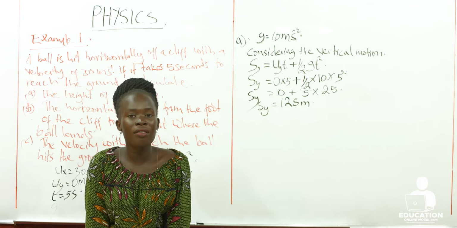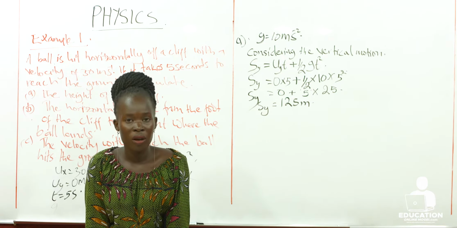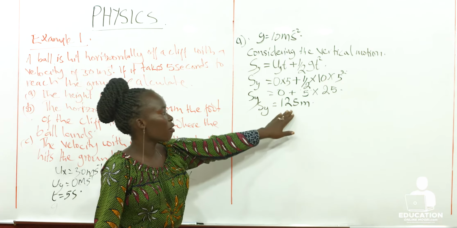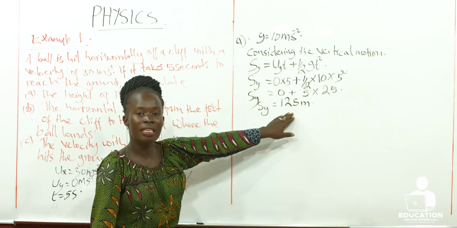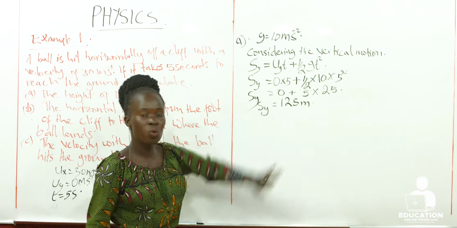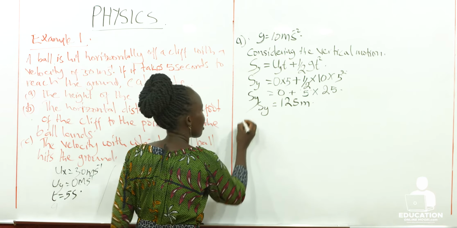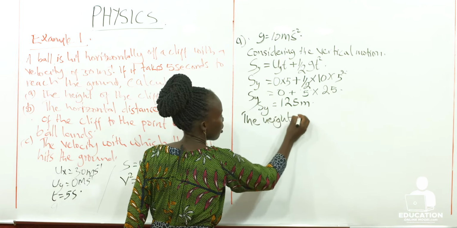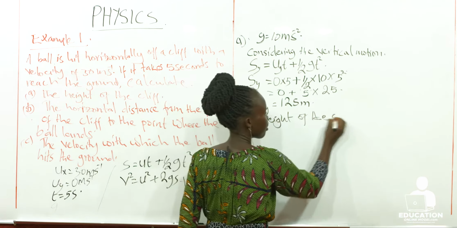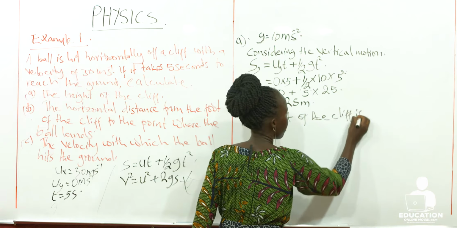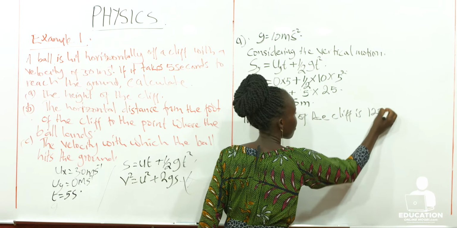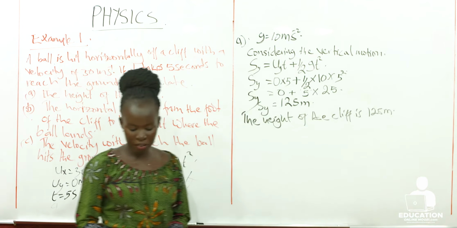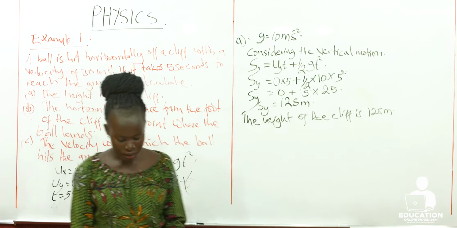So the ball was thrown from this height here, the height of 125. So we can say that the height of our cliff is 125 meters. So what is our next?